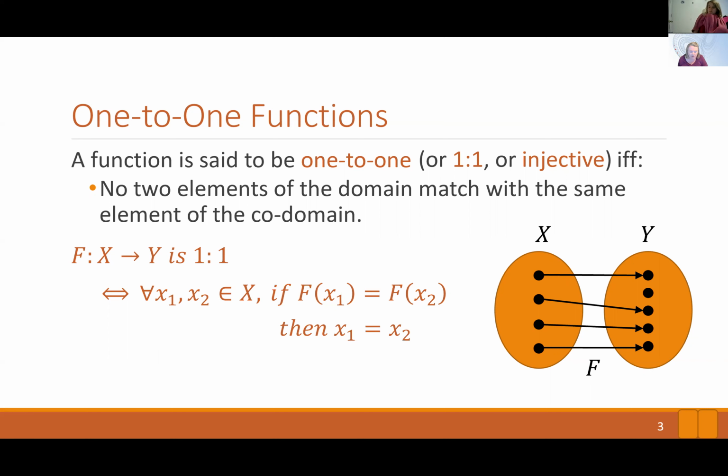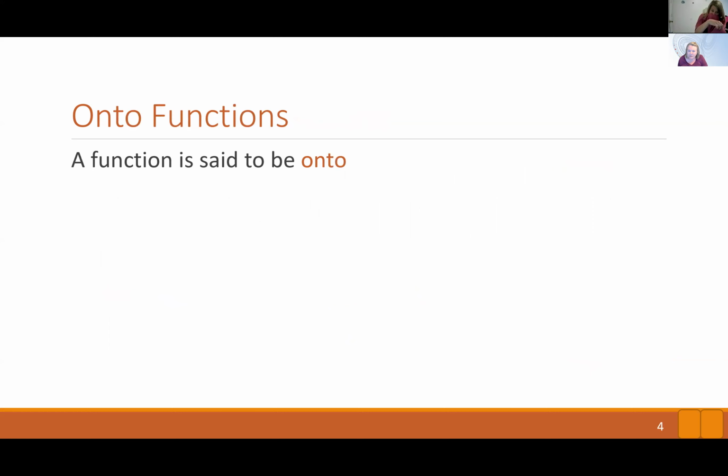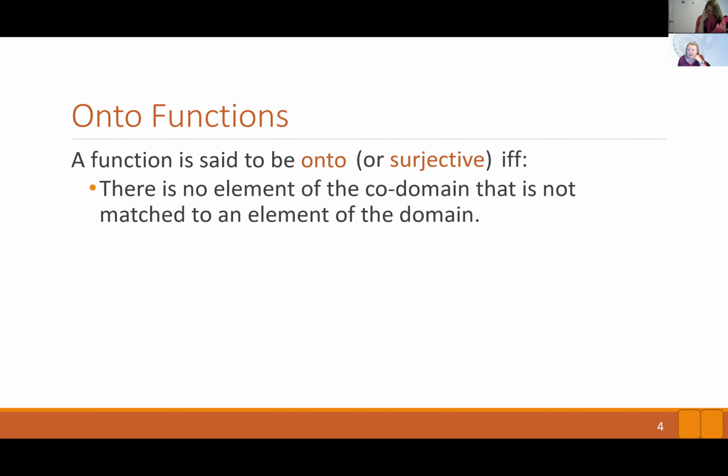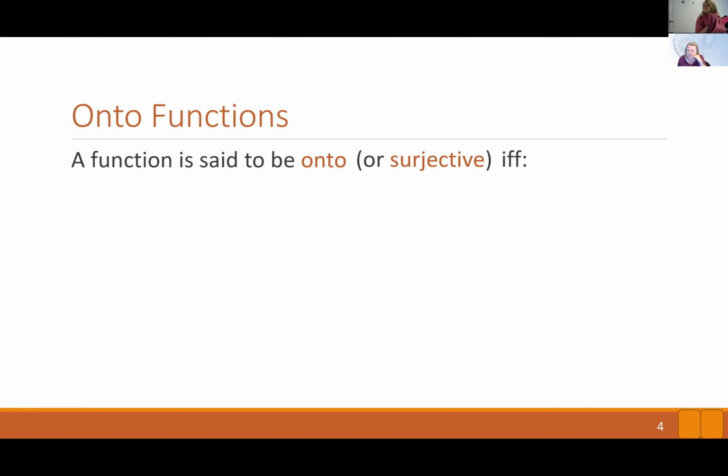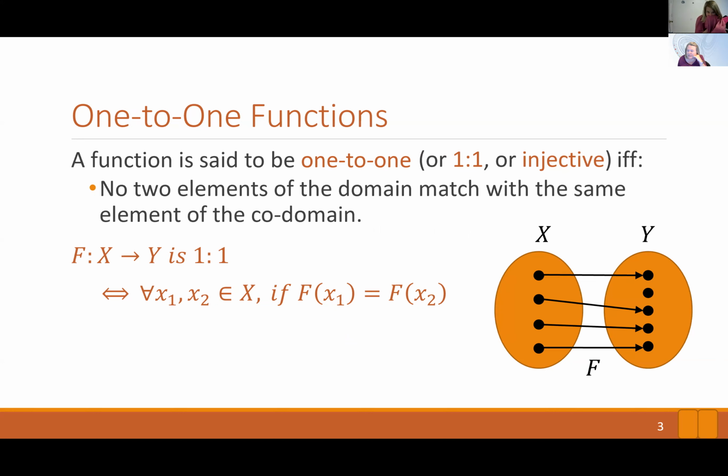Now let's remind ourselves about onto. A function is said to be onto or surjective if and only if there is no element of the codomain that is not matched. Let's go back and take a quick look at our previous slide. Notice that this function is not onto.